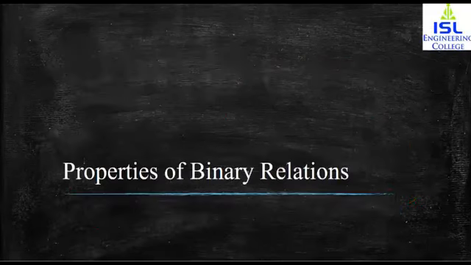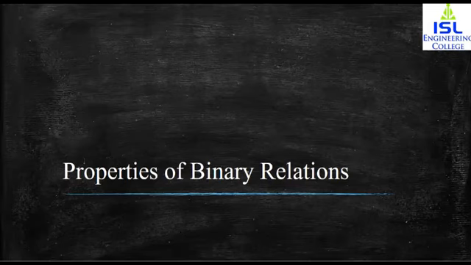Then the next topic is properties of binary relation. A relation can have different properties, and there are several properties that we usually use to classify a relation on a set. The most important properties are as follows: reflexive, symmetric, and antisymmetric.